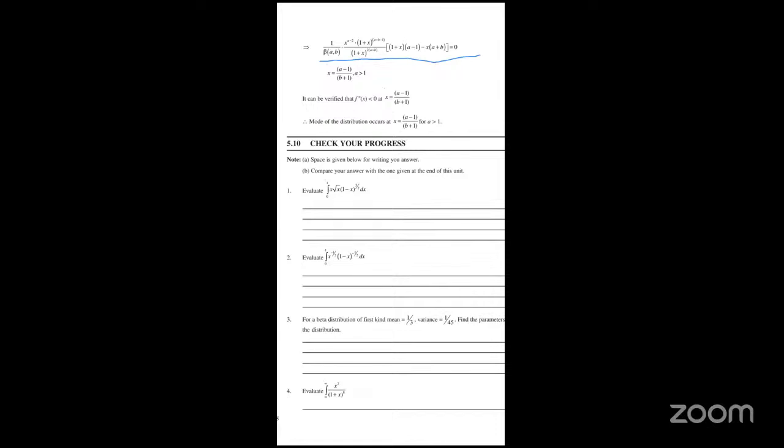So x is equal to A minus 1 by B plus 1, where A is greater than 1. It can be verified that after the double differentiation, the value is less than 0 at x equal to A minus 1 by B plus 1.